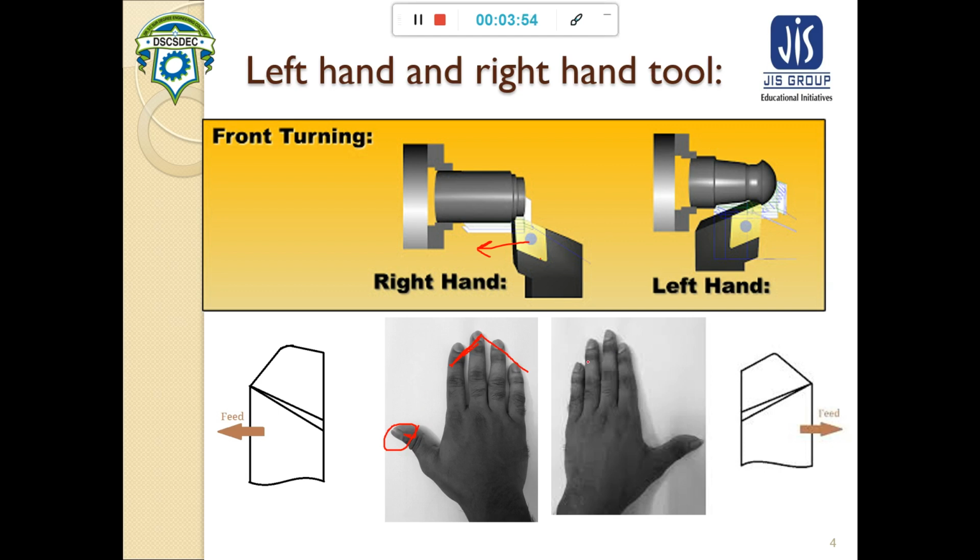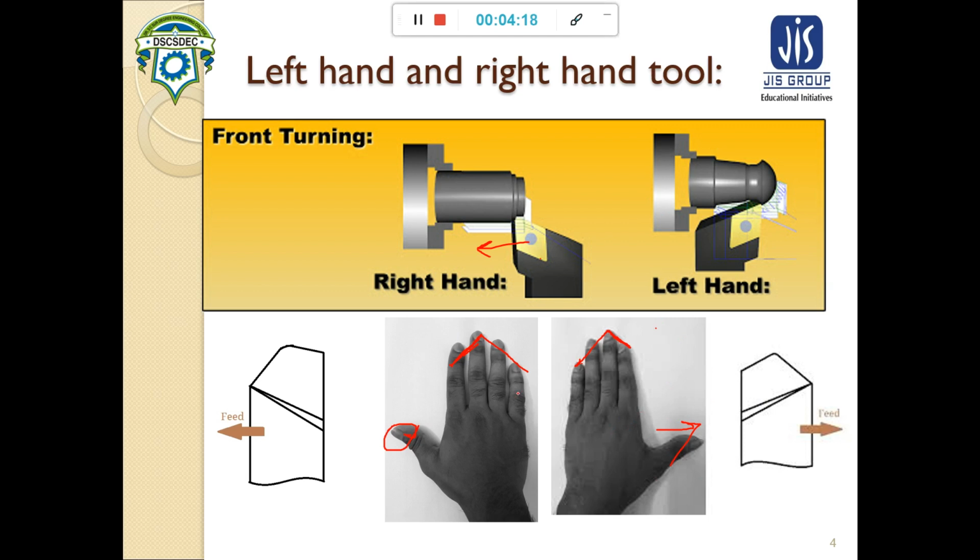And again, when you put your left hand, this hand looks like the cutting tool, and at that time this is the feed. So this is the right hand cutting tool, and in this case, this is the left hand cutting tool.